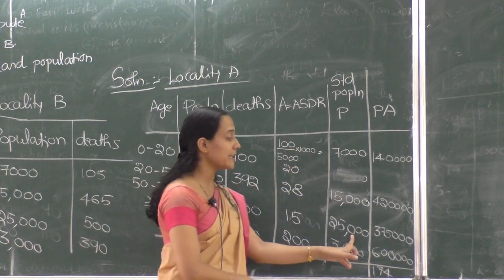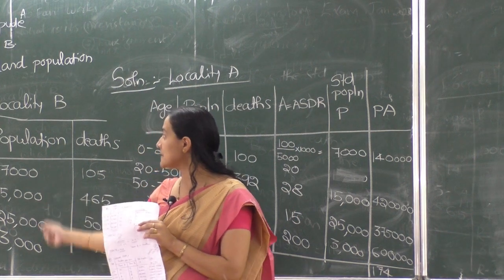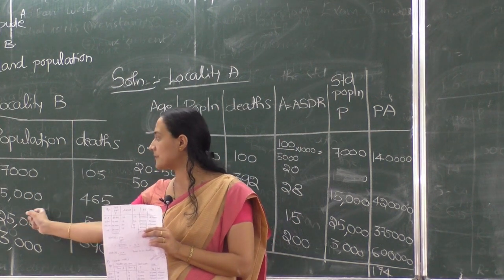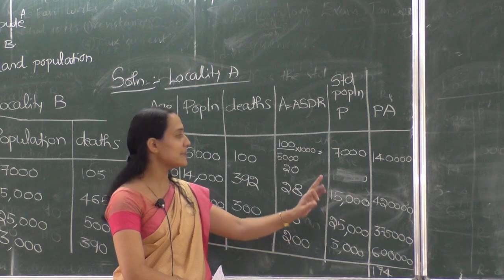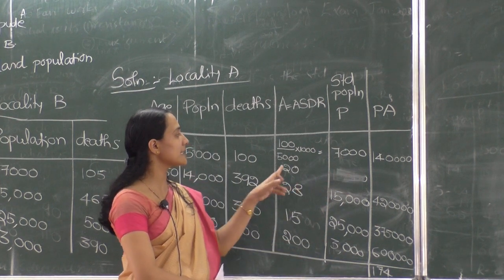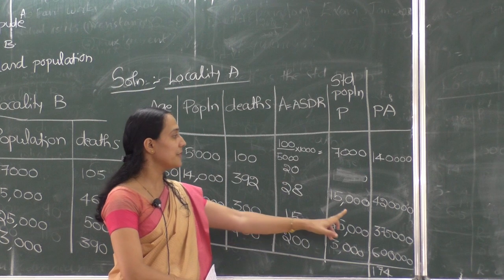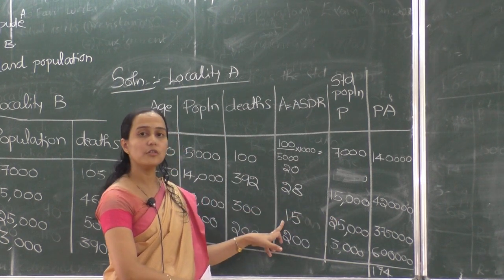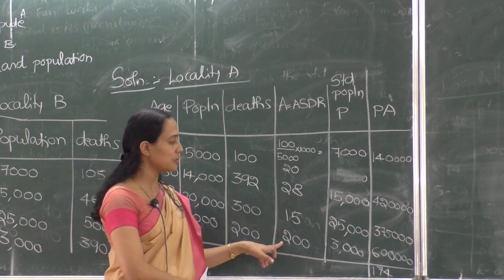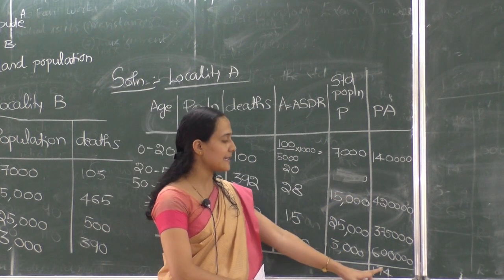Next, standard population. Standard population is B's population. This one: 7,000, 15,000, 25,000, 3,000. I wrote the same here. Next, P into A: 7,000 into 20, 15,000 into 28, 25,000 into 15, 3,000 into 200. Answer is this one.